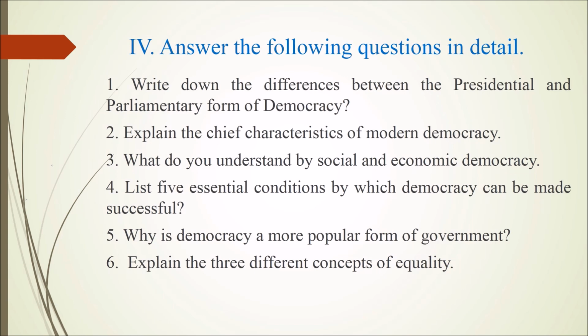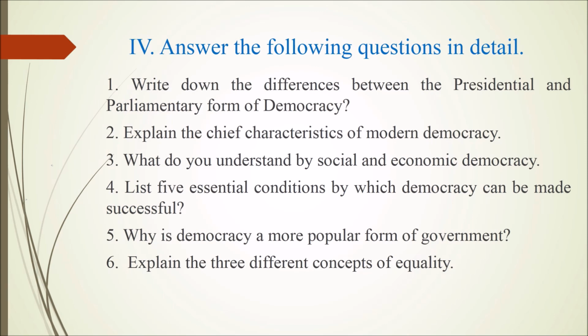Roman letter 4. Answer the following questions in detail. Question number 1. Write down the differences between the presidential and parliamentary form of democracy. Question number 2. Explain the chief characteristics of modern democracy. Question number 3. What do you understand by social and economic democracy?